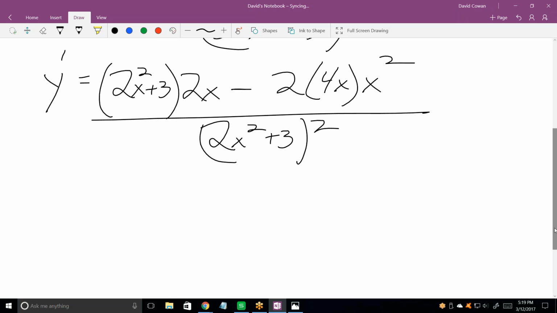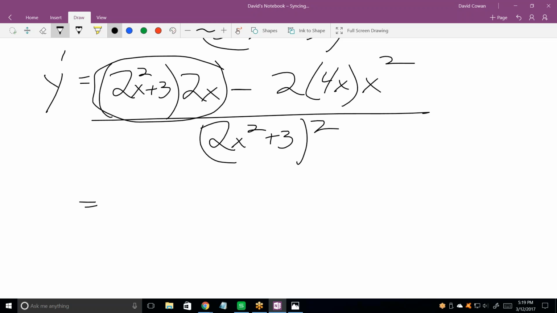I can see that when I multiply this x squared by this x, I'm going to have some number of x cubed. And when I multiply this x on the right by this x squared, I'm going to have some number of x cubed. So I definitely see that I can simplify it down further by distributing these. So what's the new numerator? Distribute that. So 4x cubed plus 6x.